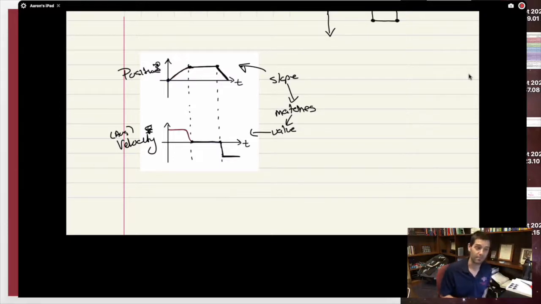If I had to think of the value of the slope in those regimes, the slope is some positive non-zero value, and then it becomes zero because it flattens out, and a straight horizontal line has a slope equal to zero. There's no rise, even though there's a run. And that seems to be what's going on here. It seems to be a constant positive value, and then near the end, it drops down to zero. So again, emphasizing the idea that the slopes of position are the values of your average velocity between 2 points.